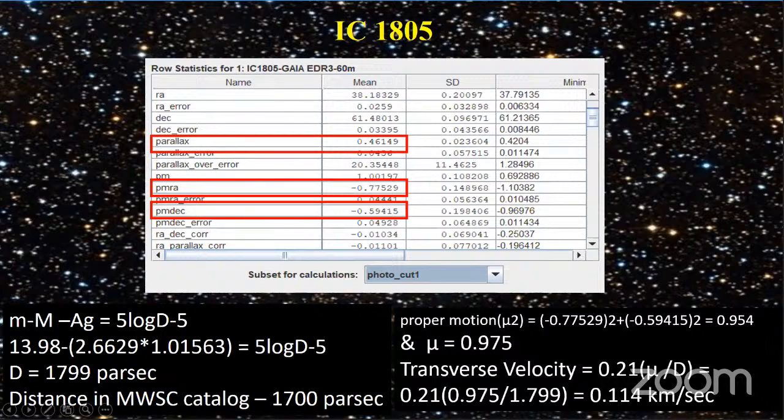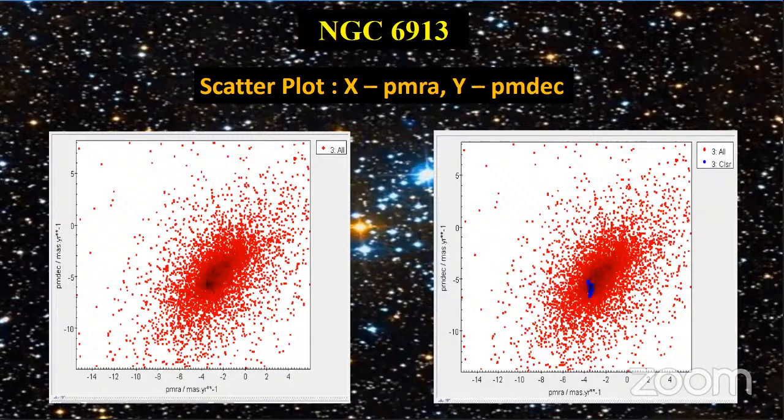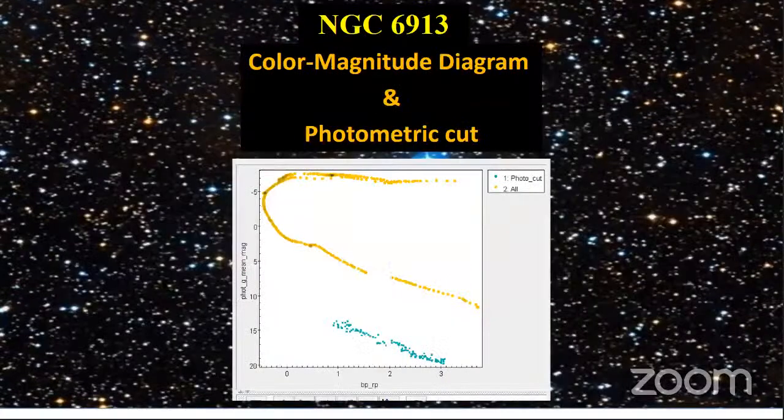With the same data, I started with a scatter plot, and I selected the blob which I thought is probably the cluster members. Then I made the distance cut, the same as before, and then fitted the photometric cut final data with the isochrone file.